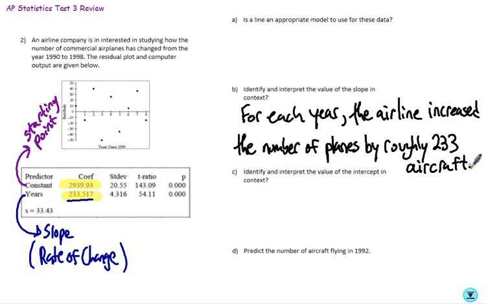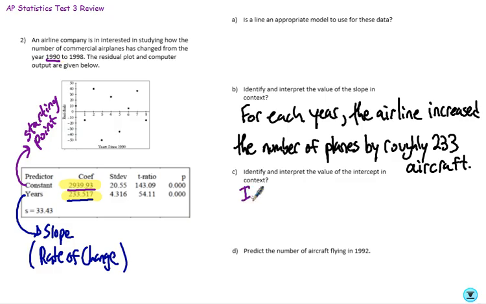Part C says, identify and interpret the value of the y-intercept. What they mean by the y-intercept, again, is our starting point. What's our starting point? Well, we started collecting data in the year 1990, or at least that's what the problem tells us.